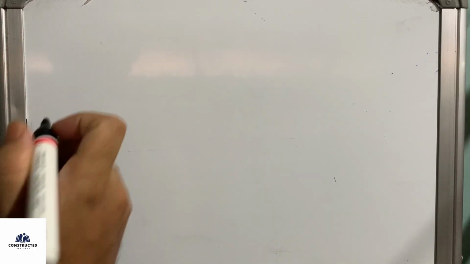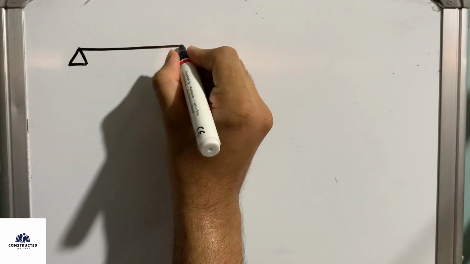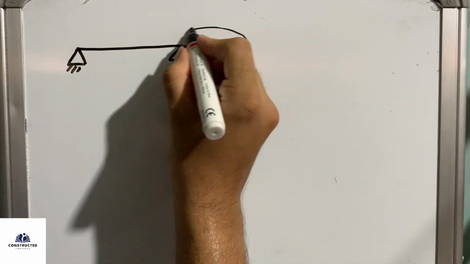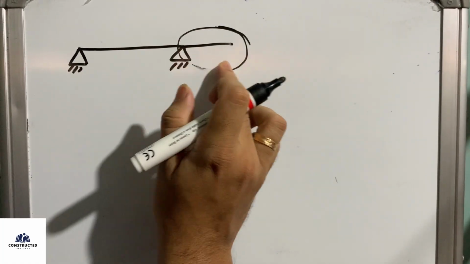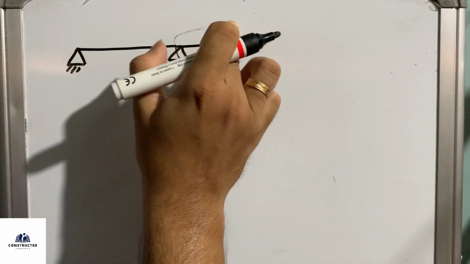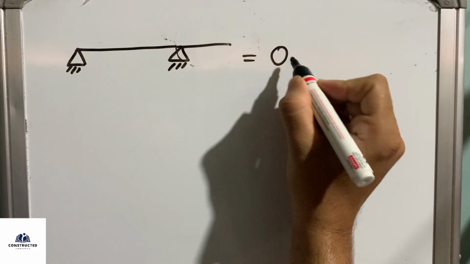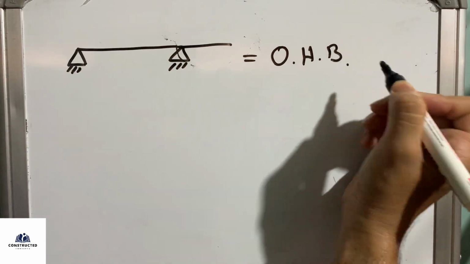So these three are very important, and one more is there which is overhanging beam. One of the portions is overhanged, right, in the circle. This is overhanging beam.